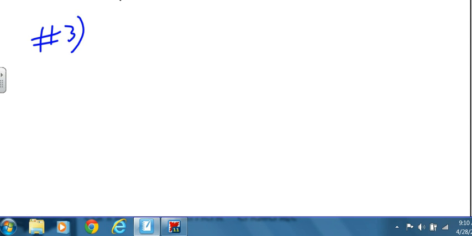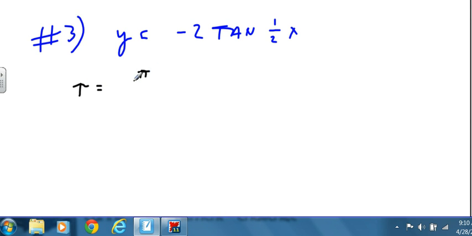Isn't that lovely? Y is equal to minus 2 the tangent of minus a half x. Okay, well, that being the case, my period is going to be pi divided by 1/2, which means my period is going to be 2 pi.